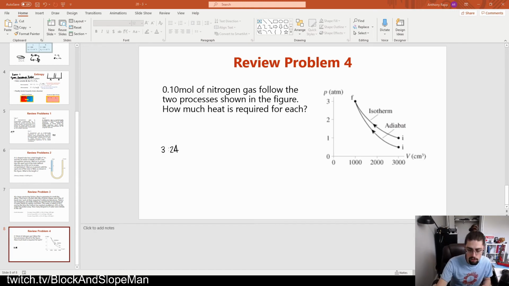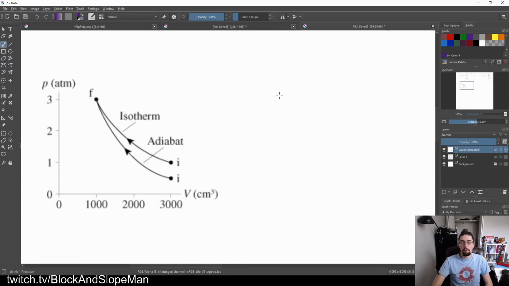Okay, so let's start to take a look at this one. And right off the bat, one of these is much easier than the other. And why might that be? Both of these are special processes, which means certain things are 0, or certain things are unchanging.